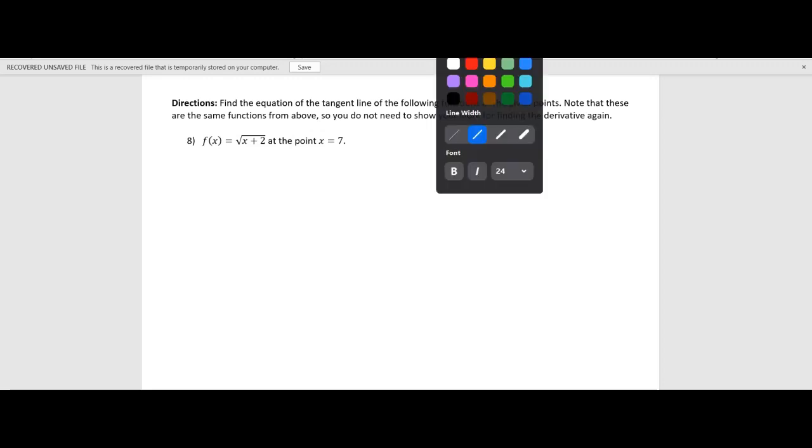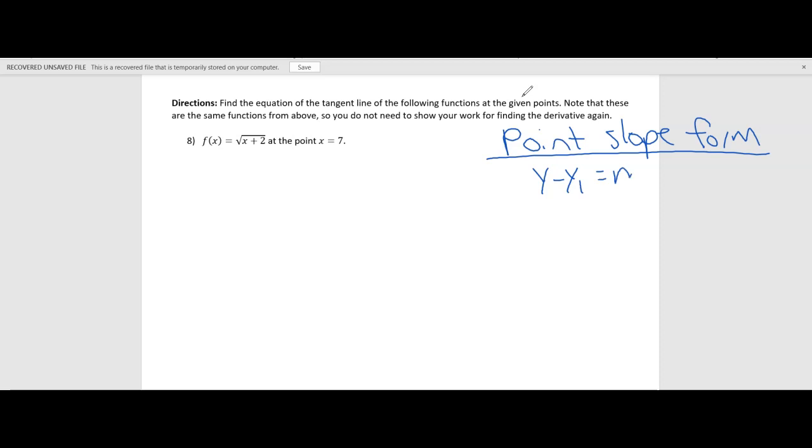Okay, so first thing to do is if I need to find the equation of a tangent line, well, think about what the equation of a line is, right? So the equation of a line, I think the easiest way for us is if we use point-slope form. So point-slope form, y minus y1 is equal to the slope times a quantity x minus x1.